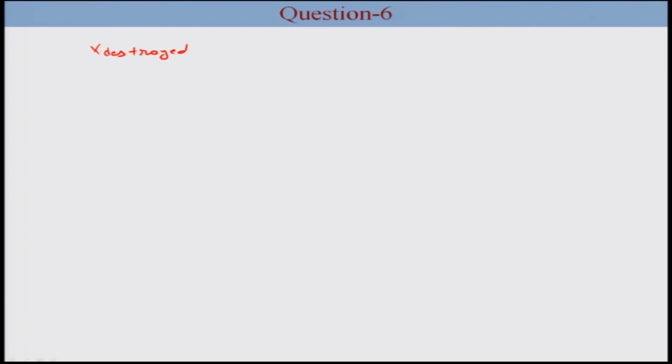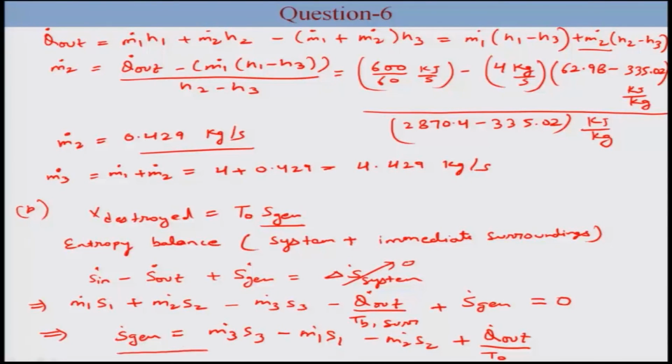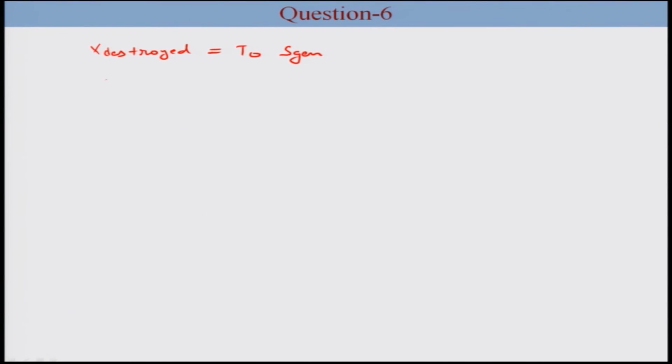Now, substituting all the values, as exergy destroyed is equal to T0 S gen, substituting the value of S gen from here, we can calculate X destroyed as T0 times (m3 dot s3 minus m2 dot s2 minus m1 dot s1 plus Q dot out by T0).